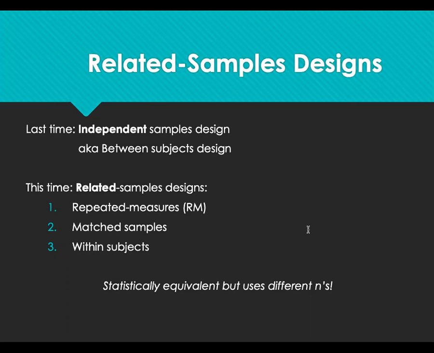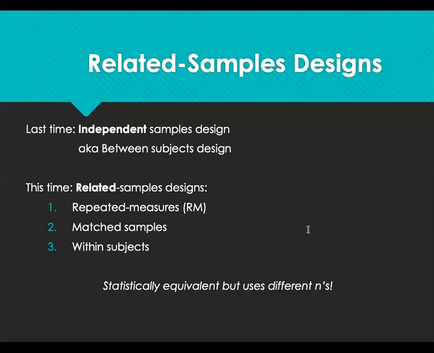Basically, the independent samples design and the related samples designs are statistically equivalent, but they do use different ends. With related sample designs or within subjects designs, you're using the same group of participants and you're measuring something twice. So you might have 20 participants and you measure something with them 2 times, and so you only need 20 participants.